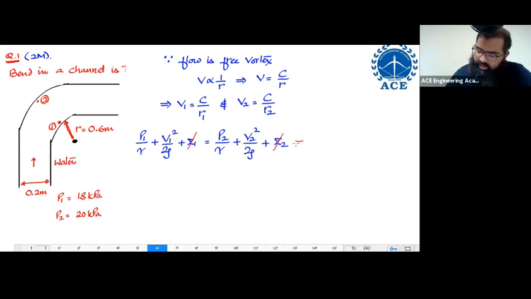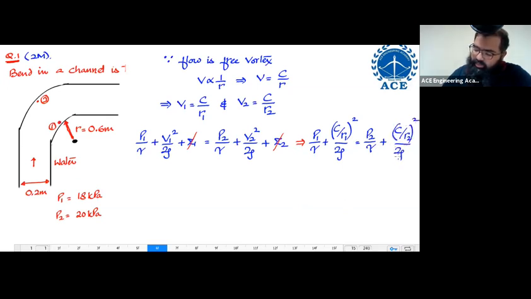So from here I can imply that the value of P1 by gamma plus, now in place of V1, I'm writing C by R1, so (C upon R1) whole square divided by 2g has to be equal to P2 by gamma plus (C upon R2) whole square by 2g. Now I can cancel off g everywhere. I will be remaining with density over here.